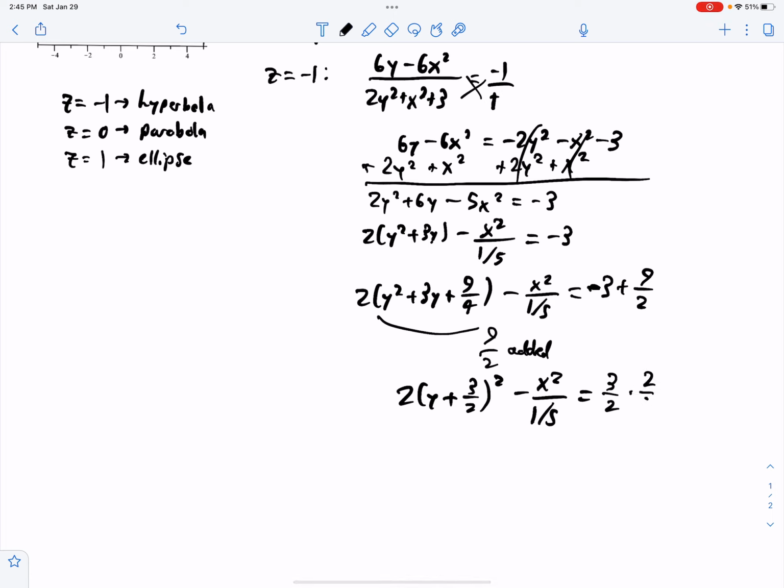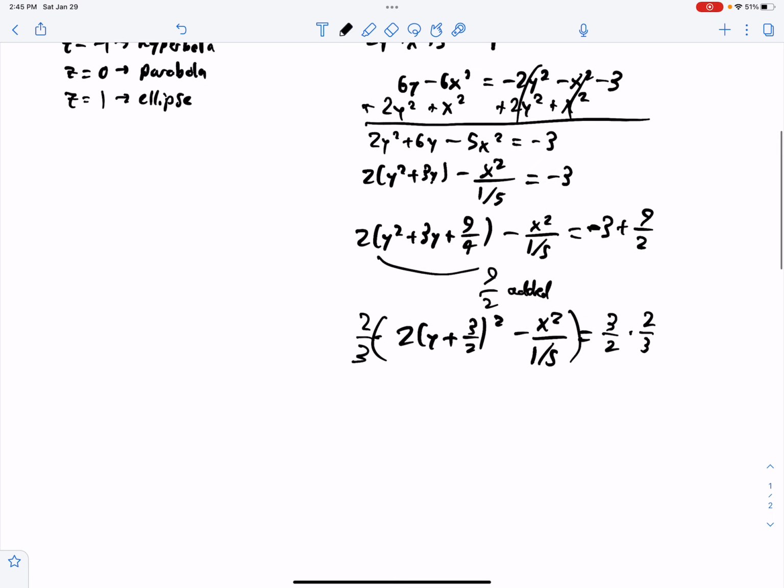And we'll multiply both sides by 2/3. The parentheses will go all the way across there. All right, so we've got ourselves 4/3 times the quantity y plus 3 halves squared, minus 2x squared over 3/5, is equal to 1.